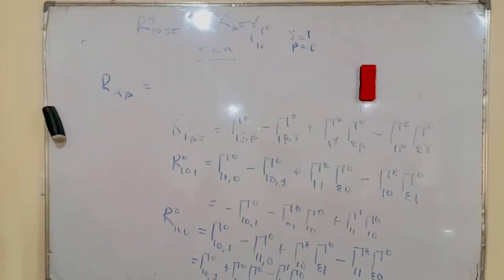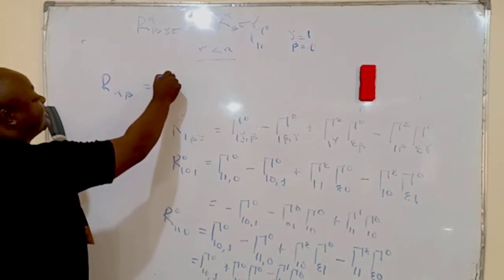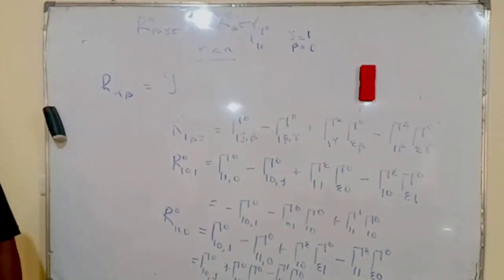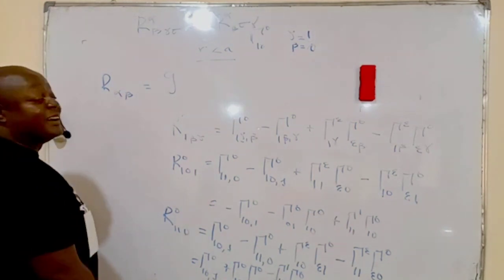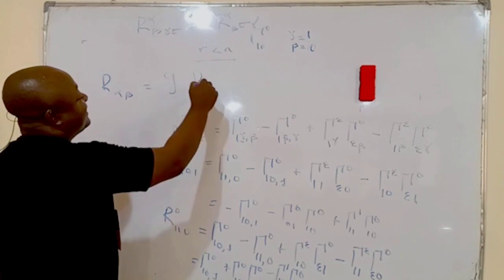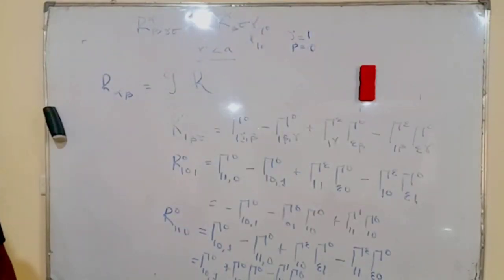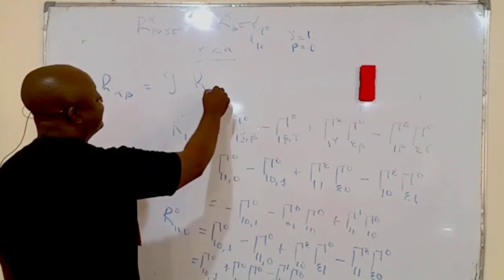It's equal to G. I'm talking about alpha, beta, you're telling me of 0, 0. So how do you do it? Where do I put my alpha, beta?